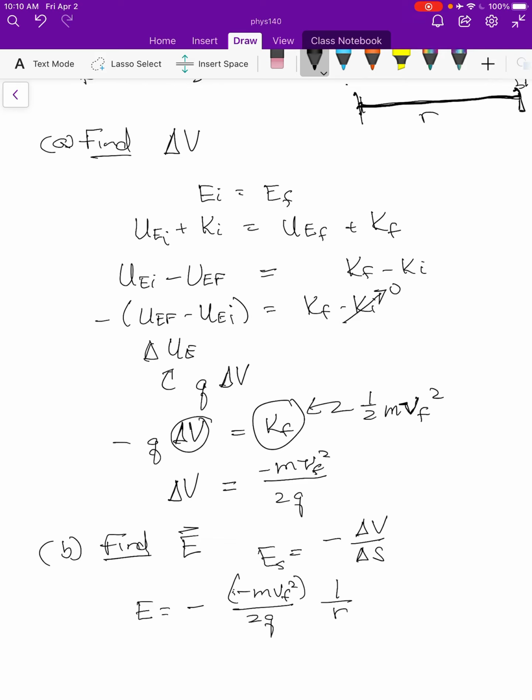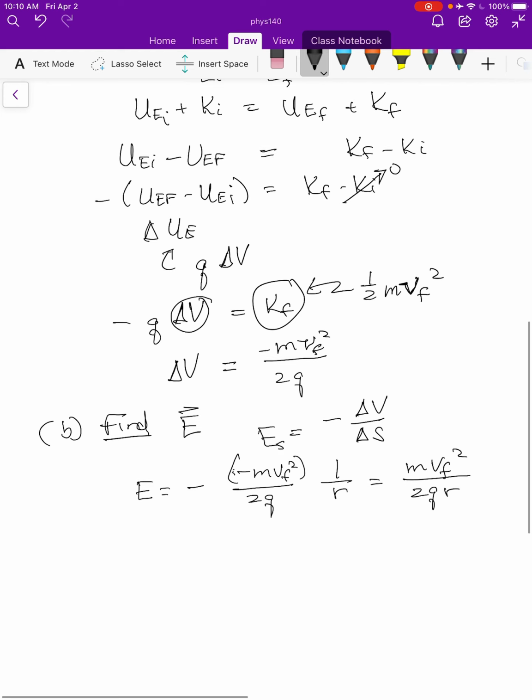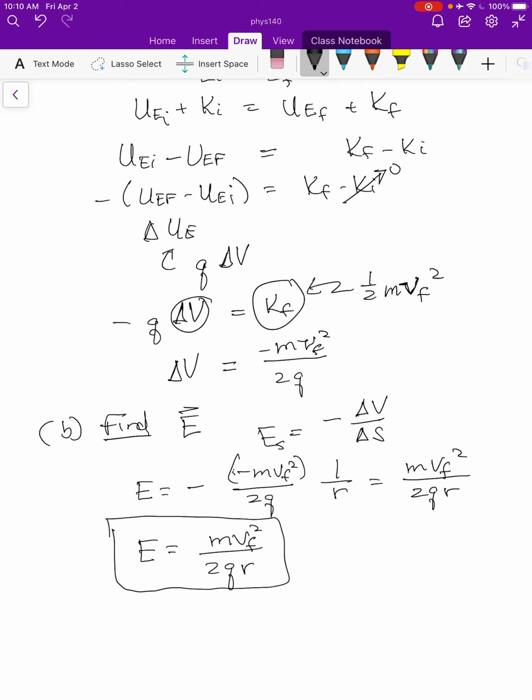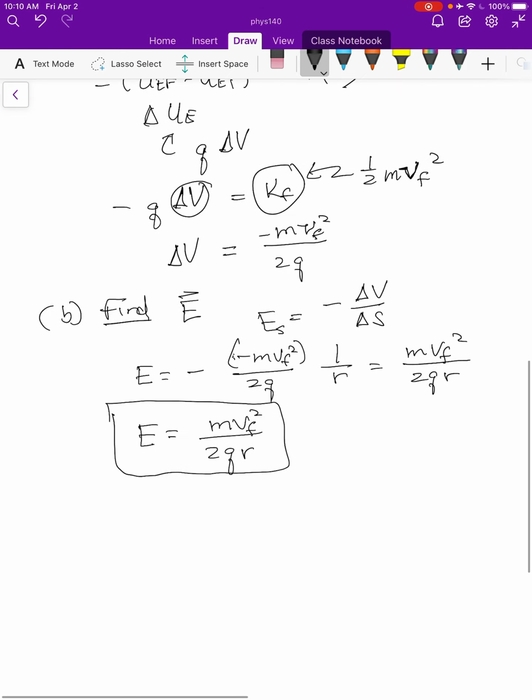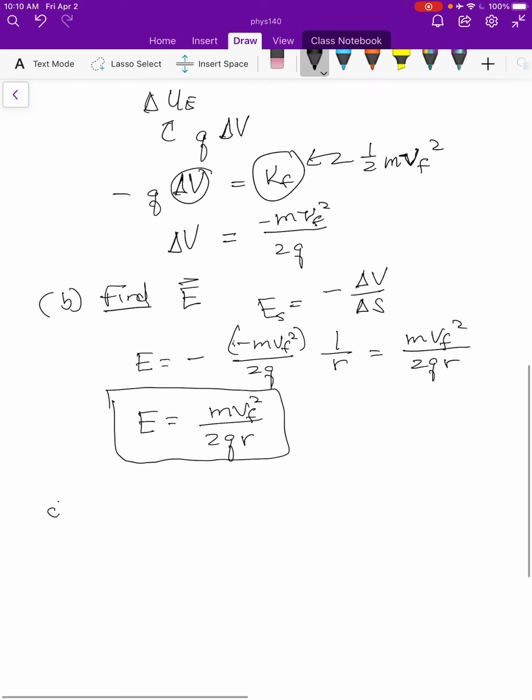Okay, so I get two negatives here, so I get m v final squared over 2qr. Okay, so that would be my expression for electric field. I'll just write it again here. And again, everyone's going to have different numbers, so we can just leave that in variable form, and you can adjust as necessary.